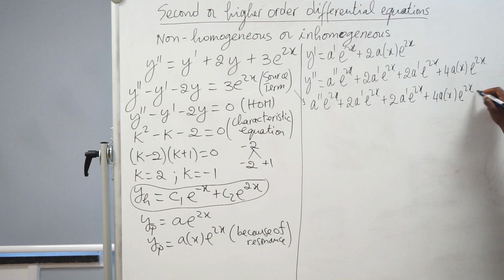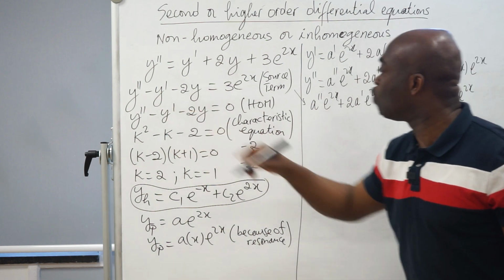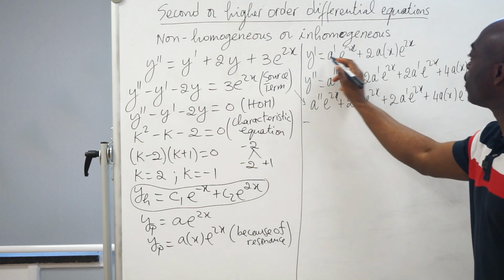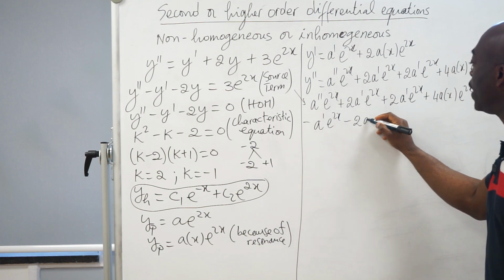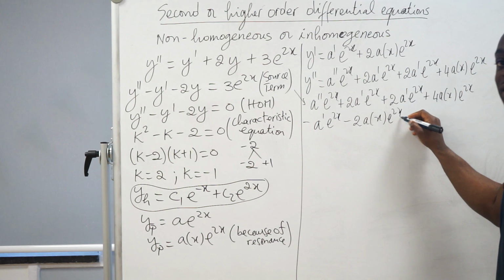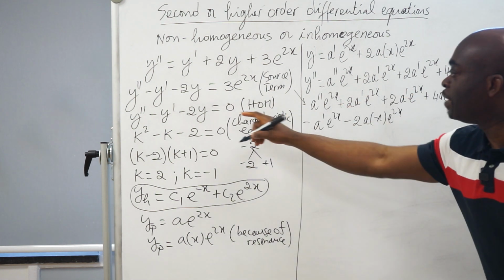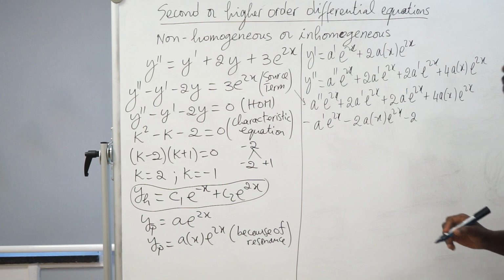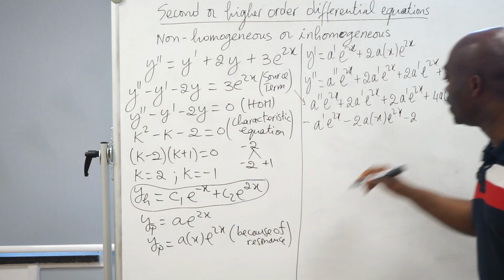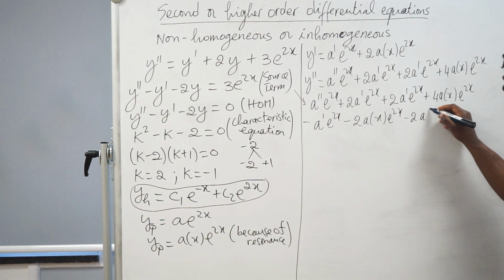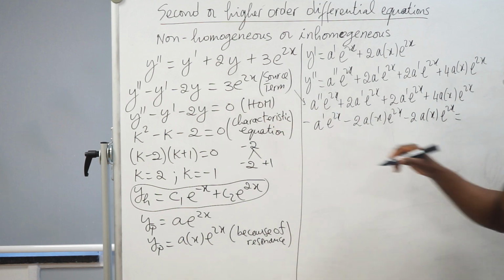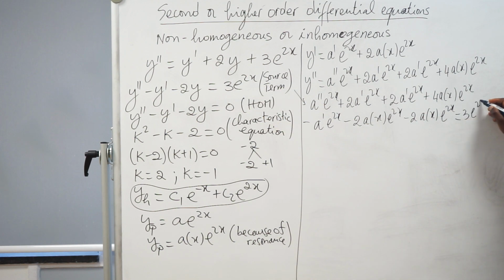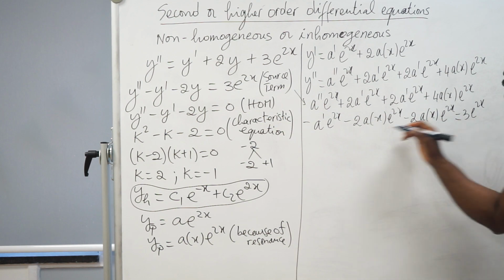Then minus y prime, so minus a prime exponential 2x minus 2a of x exponential 2x, and then minus 2 times y, so minus 2a of x exponential 2x, and that should be equal to, ladies and gentlemen, 3 exponential 2x.